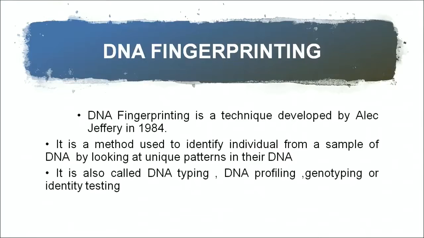So they show a lot of polymorphism. So these DNA sequences are used in DNA fingerprinting to determine the paternity test. It is also called DNA typing, DNA profiling, genotyping or identity testing.